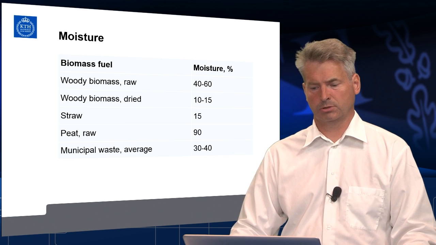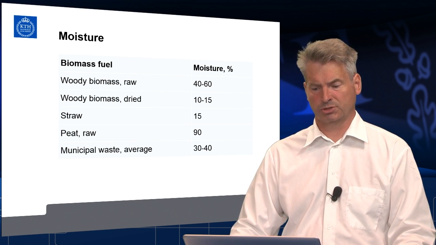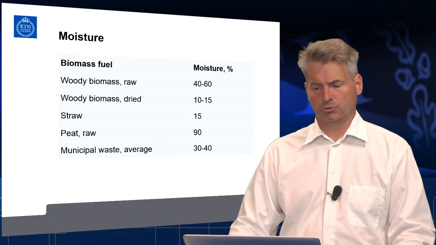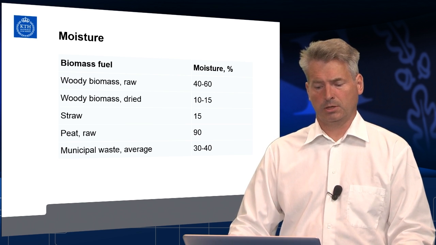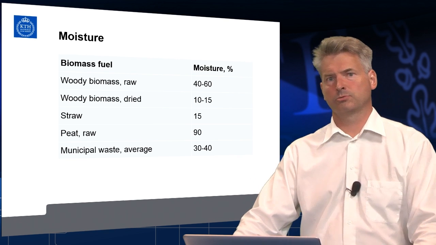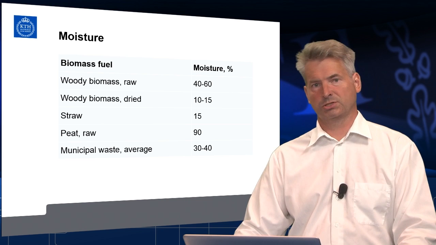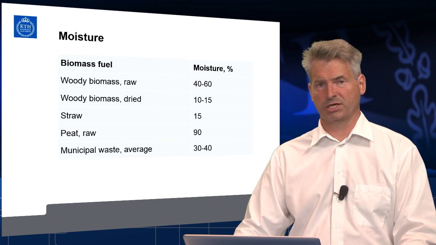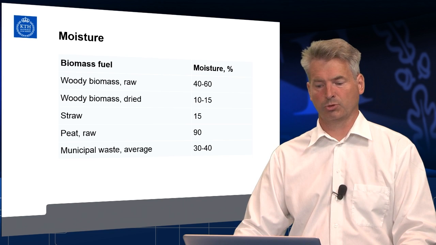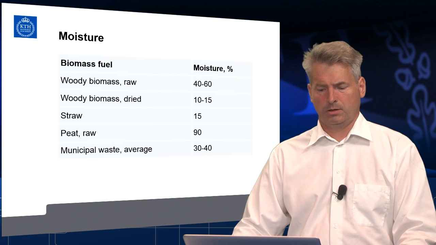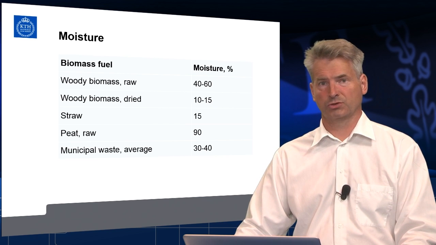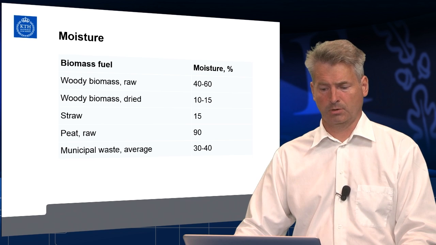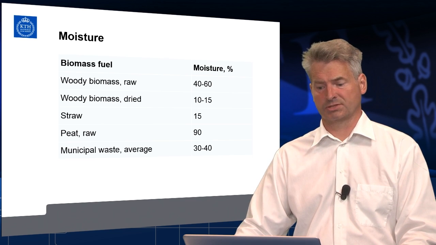Straw has a lower moisture content compared to forestry biomass, only around 15%. Raw peat can have moisture content up to 90%. But when you harvest the peat, you put it on the land for a while for drying, for decreasing the moisture content. Municipal waste can have an average moisture content of 30 to 40%, which is related to the organic waste mainly.